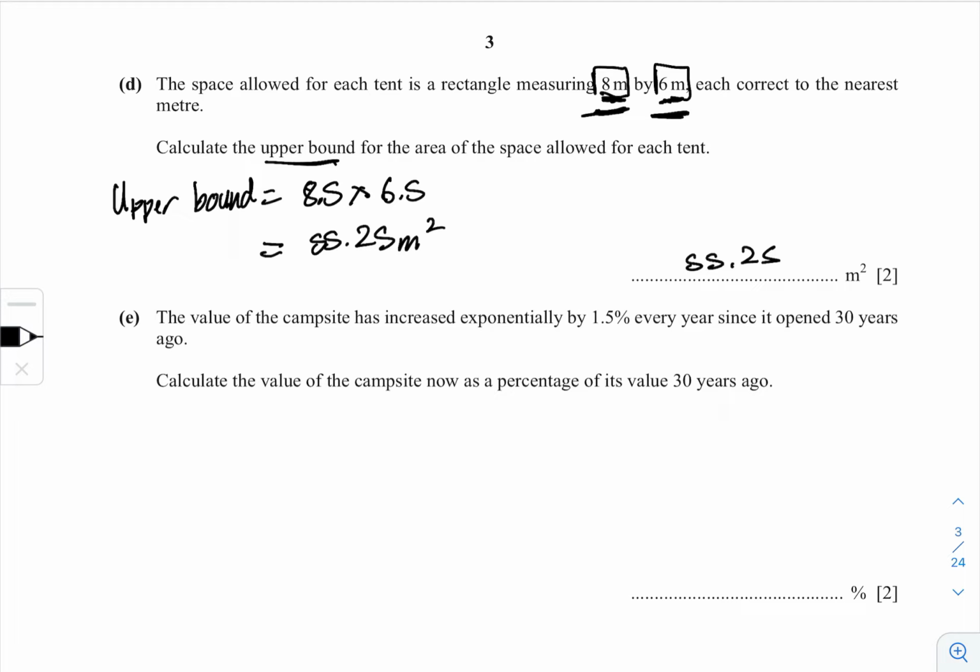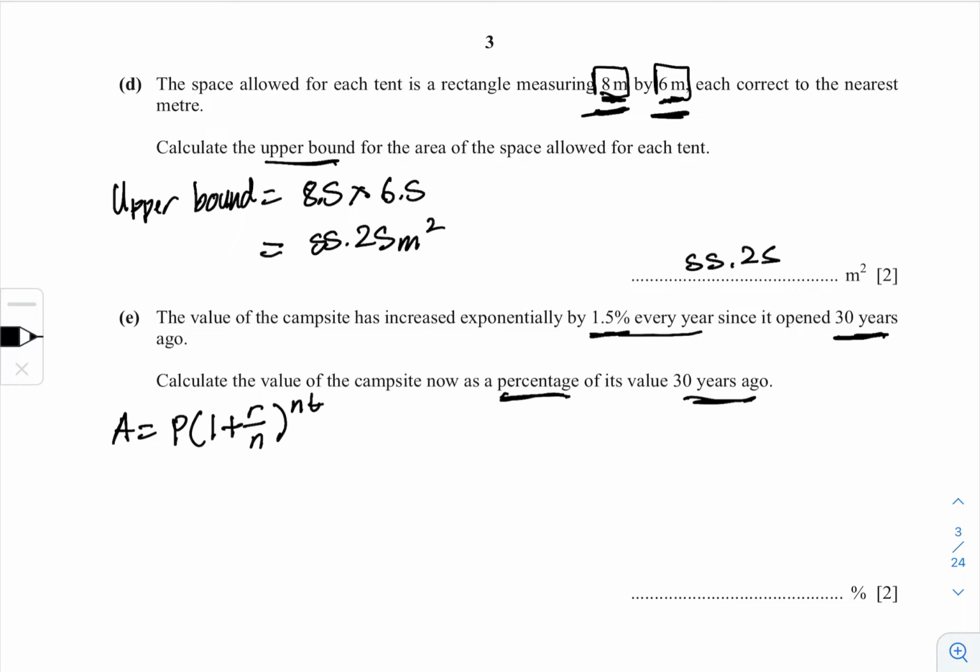Now in 1E, it mentions that the value of the campsite has increased exponentially by 1.5% every year since it opened 30 years ago. Calculate the value of the campsite now as a percentage of its value 30 years ago. So using the compound interest formula, which is A equals P(1 plus R/N) to the power of NT, we are trying to give the result as a percentage rather than the values.